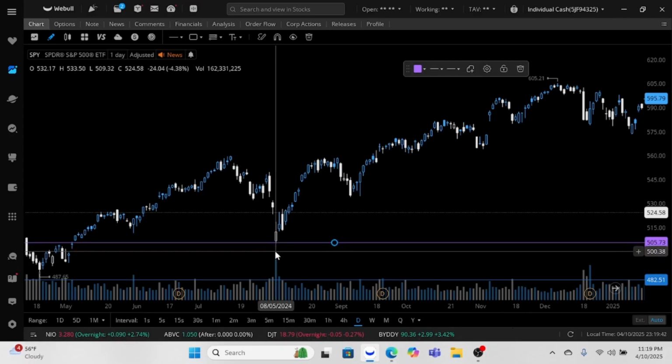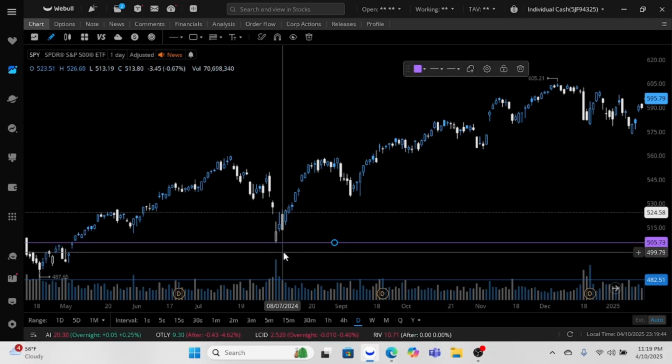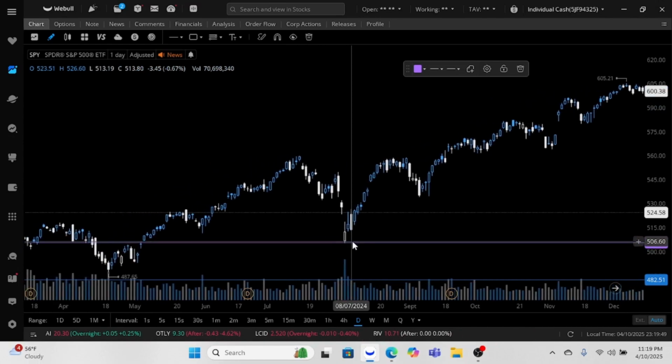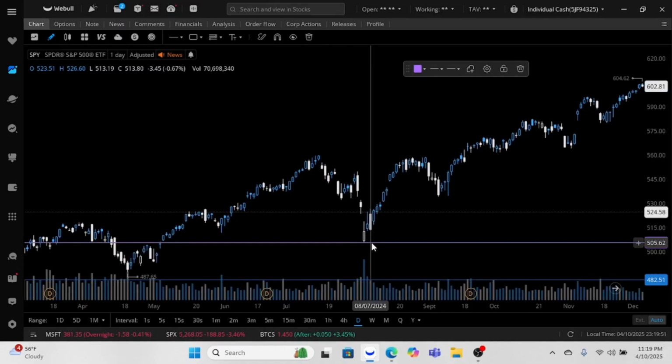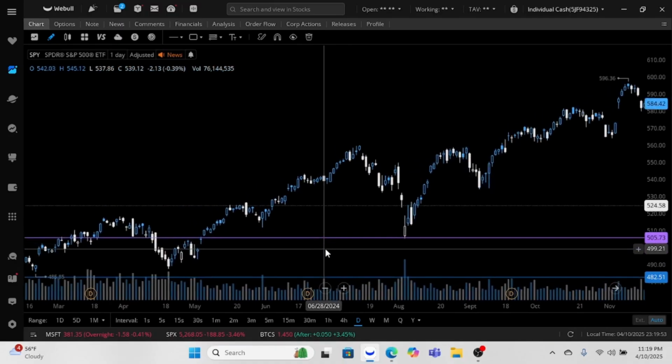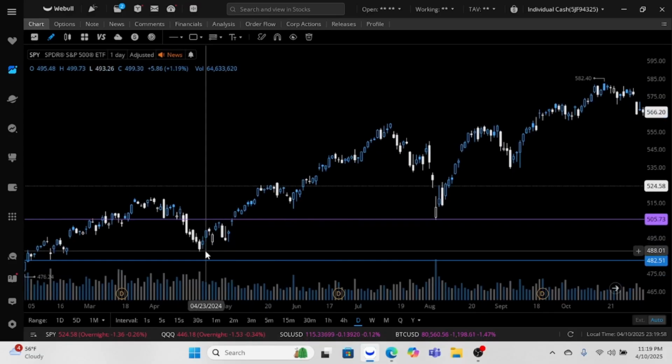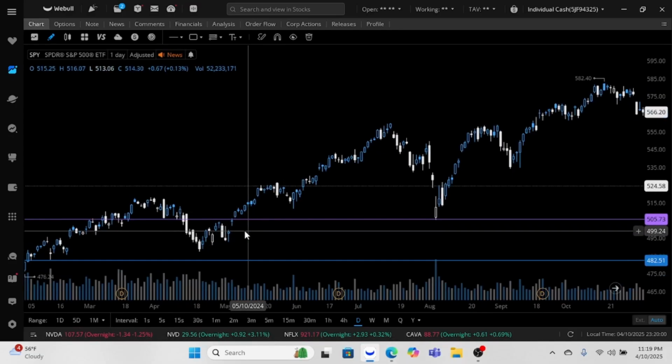If it keeps going lower and market structure hasn't been broken, then its next objective is the next low, or a fib retracement, or the next order block, or the next fair value gap.